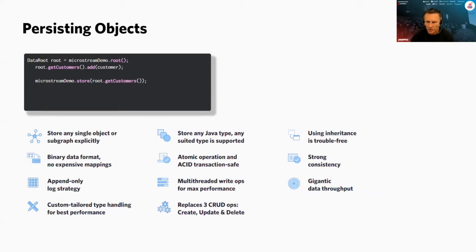So it stores only the objects that are changed. So if you have a huge collection and you change only one single object, then only one object will be stored. And we store only the IDs. So if you have a huge collection and you change something, then only IDs will be stored, not the entire collection again and again.